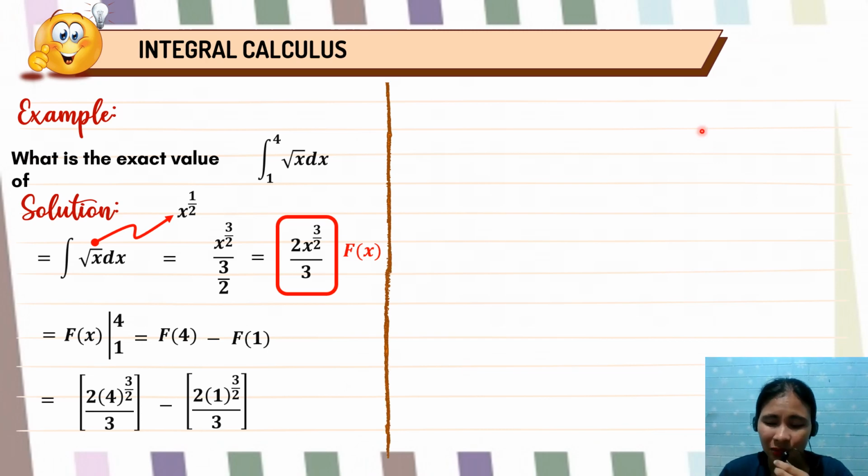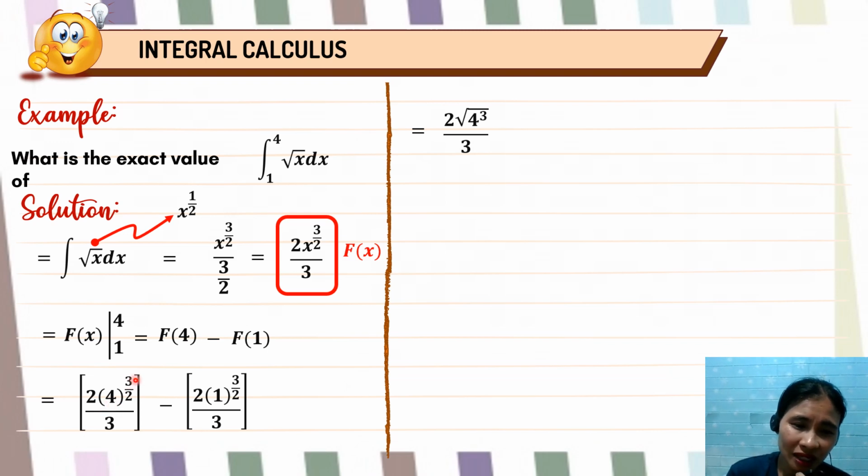Next, we are going to simplify, or we will change the expression to radical. So this expression is equal to 2 times the square root of 4 cubed over 3. Now, how were we able to come up with 4 exponent 3 halves to square root of 4 cubed?